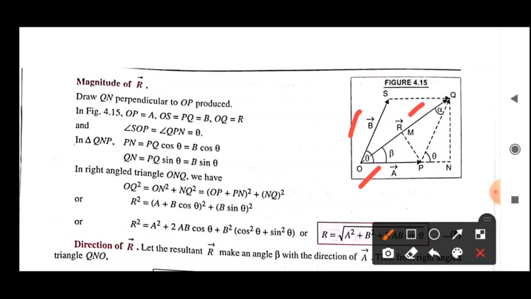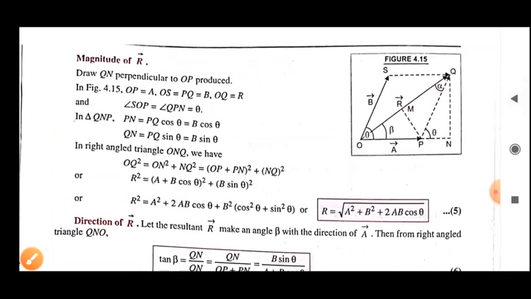Now we take theta as the angle between A and B. Beta is the angle of the direction of R. Extend this one, then PN, which is equal to theta, and this angle is now alpha. One of the perpendiculars we have drawn is PM over this one.